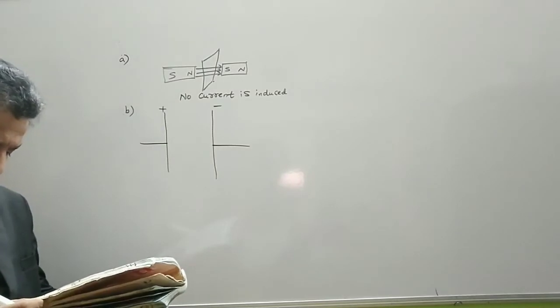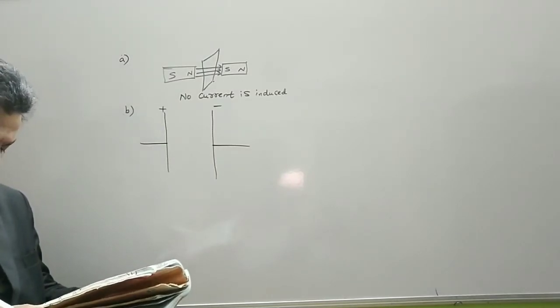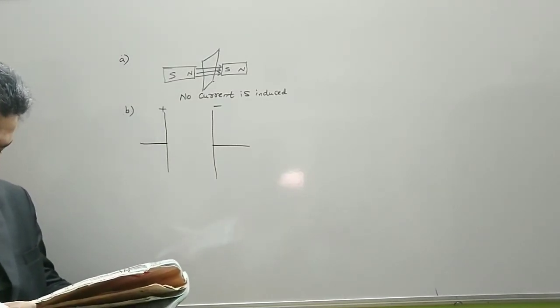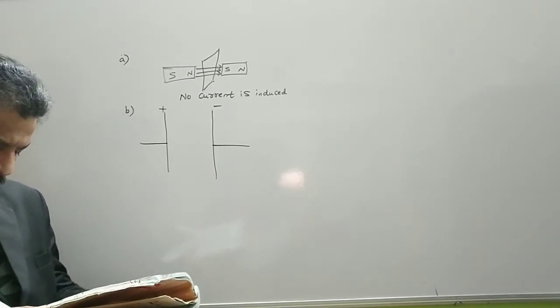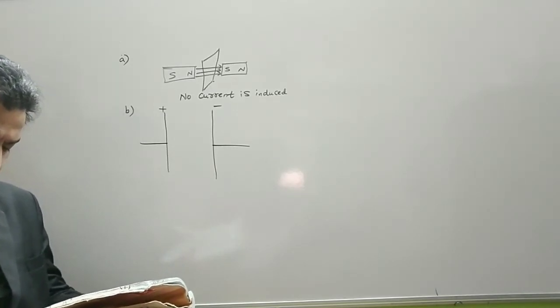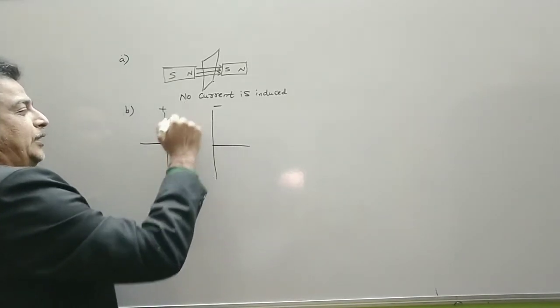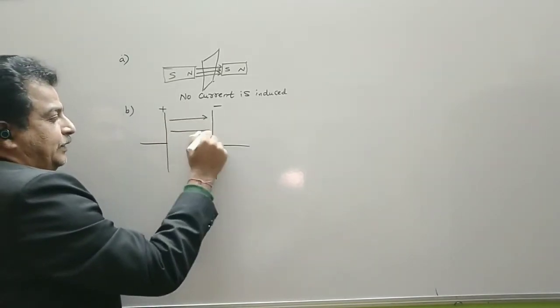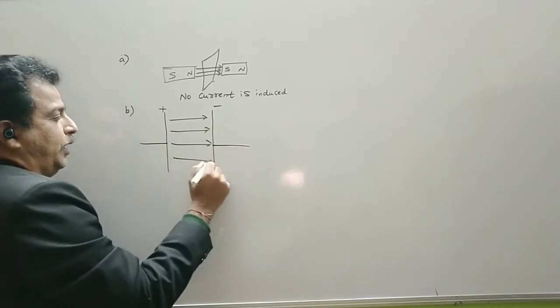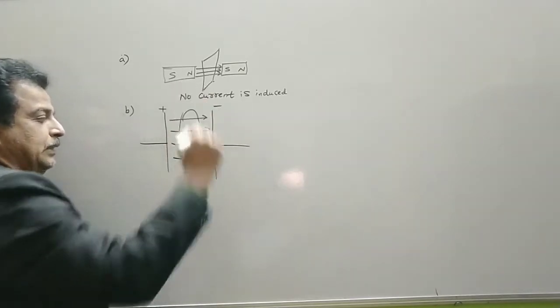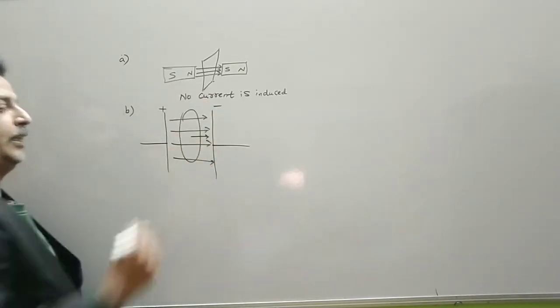And a closed loop moves normal to the constant electric field. Now when this loop is wholly inside the region between the capacitor plates, let us assume that these are the electric field lines, the loop is held normal. This is its area vector.